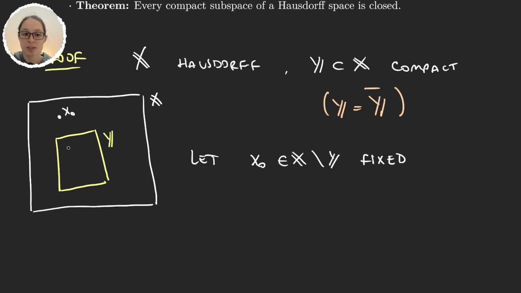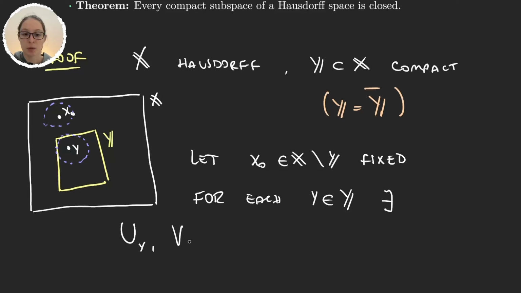If we take some element y in Y, obviously y is different from x0, and because our space X is Hausdorff, we know that we can find a neighborhood of y and a neighborhood of x0 that are disjoint. Let's call these two neighborhoods U_y and B_y. So for each y in Y, we know that these two exist.